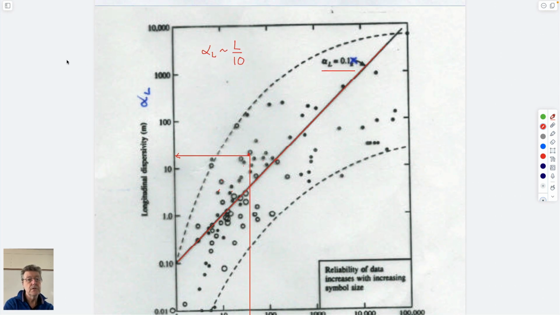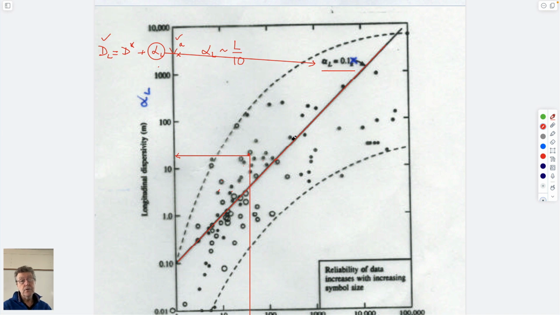You know that dL is equal to D star, which we think is small, plus alpha L times the advective velocity. If you know what this is, and you know now that this is equal to this, then immediately you can calculate what this is.